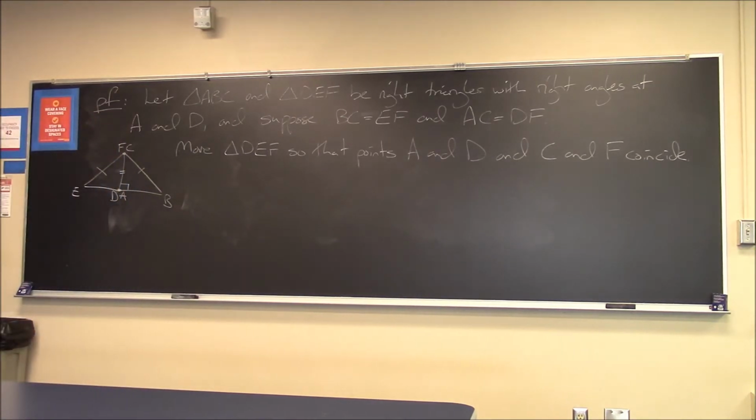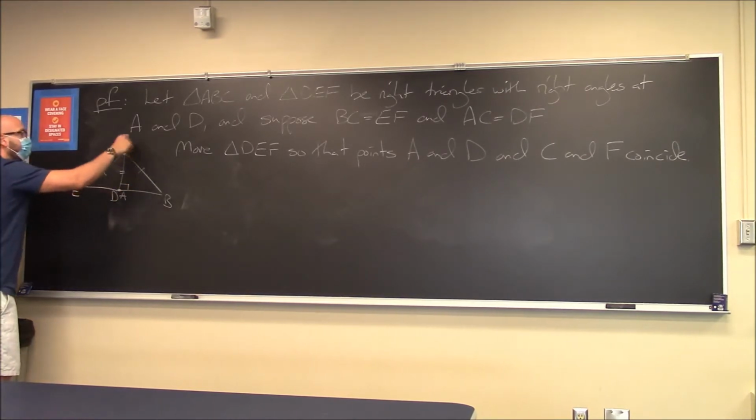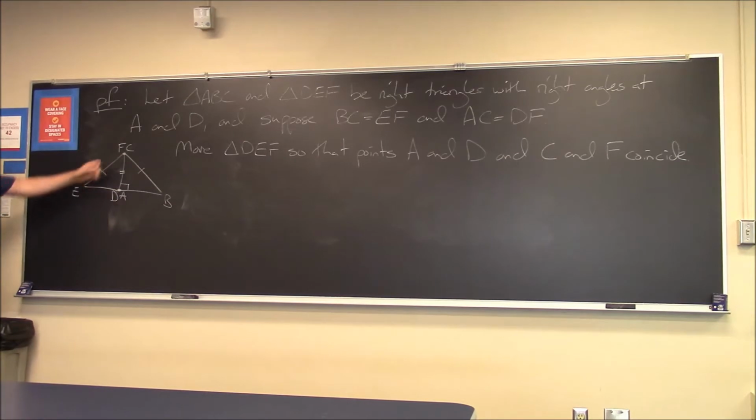Well, what now? Now I'm going to think of this whole thing as just one triangle. So the triangle EBC. I'm just going to choose the vertex C instead of F. It's the same thing. I'm going to consider this triangle EBC. What type of triangle is that? It's isosceles, right?